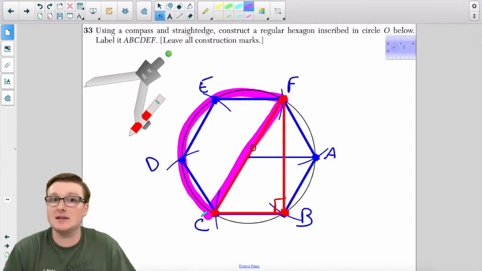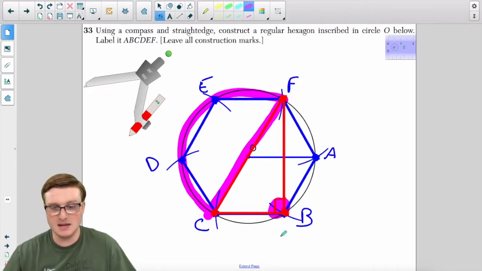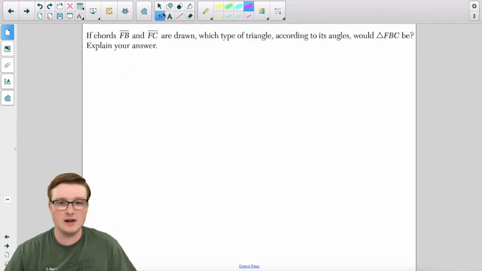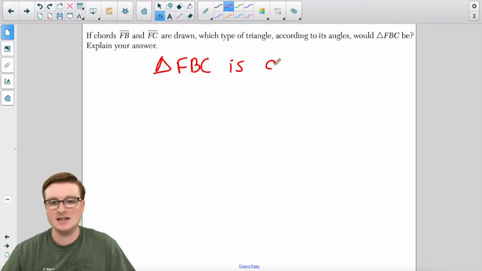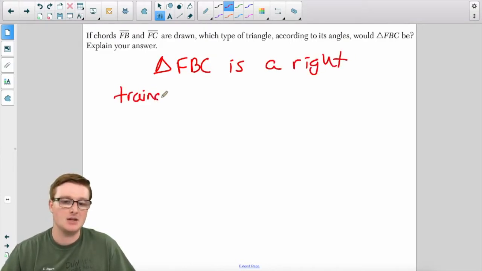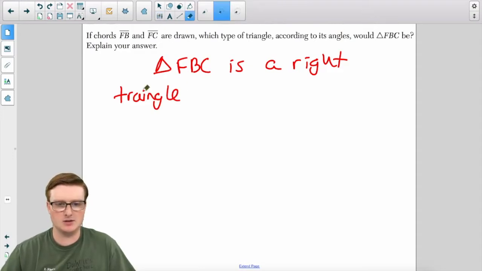And that, ladies and gentlemen, is a semicircle. If an inscribed angle intercepts a semicircle, then this angle must be a right angle. So therefore, your answer is going to be that triangle FBC is a right triangle. And it says explain your answer, right? So it is a right, oops, I just spelled triangle wrong.